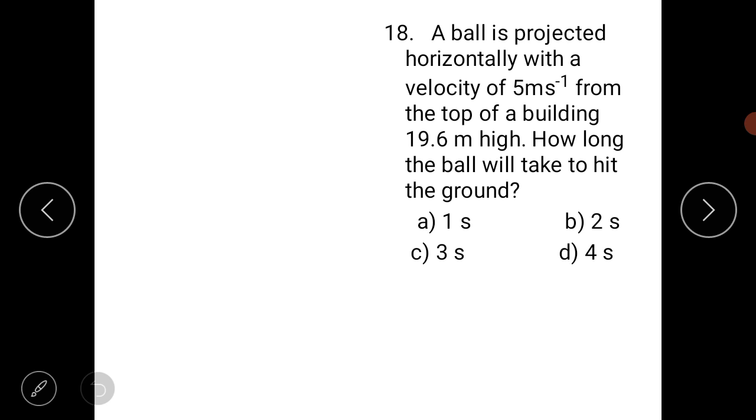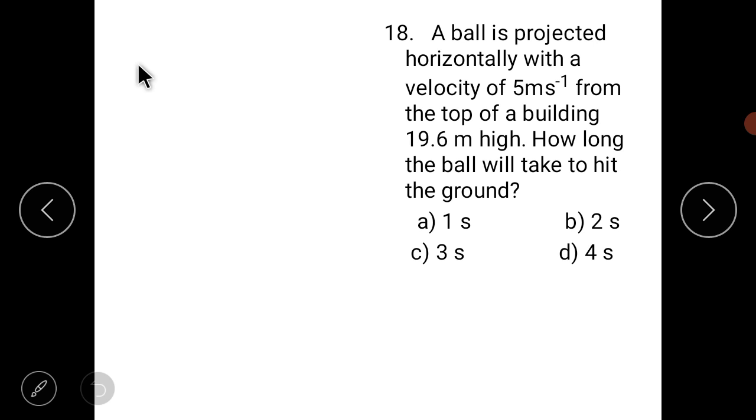Vertically, you cover a distance of 19.6 meter with initial speed 0 and acceleration 9.8.